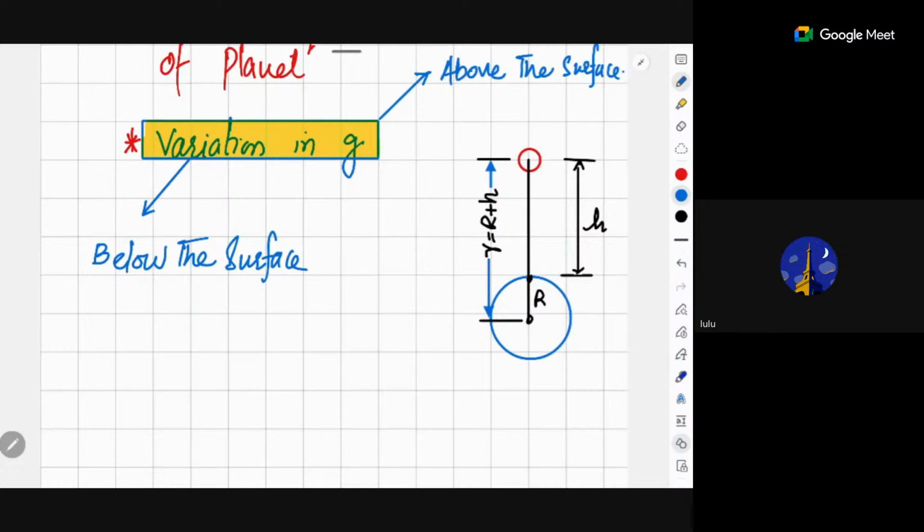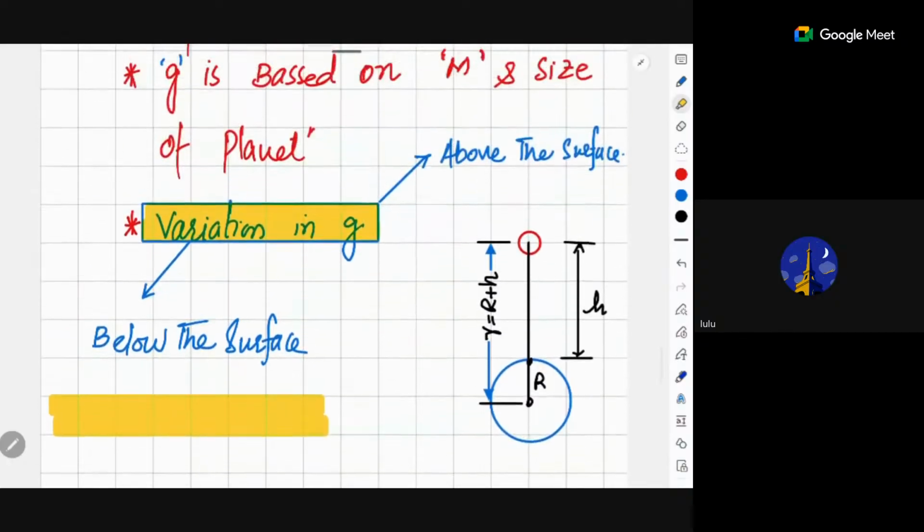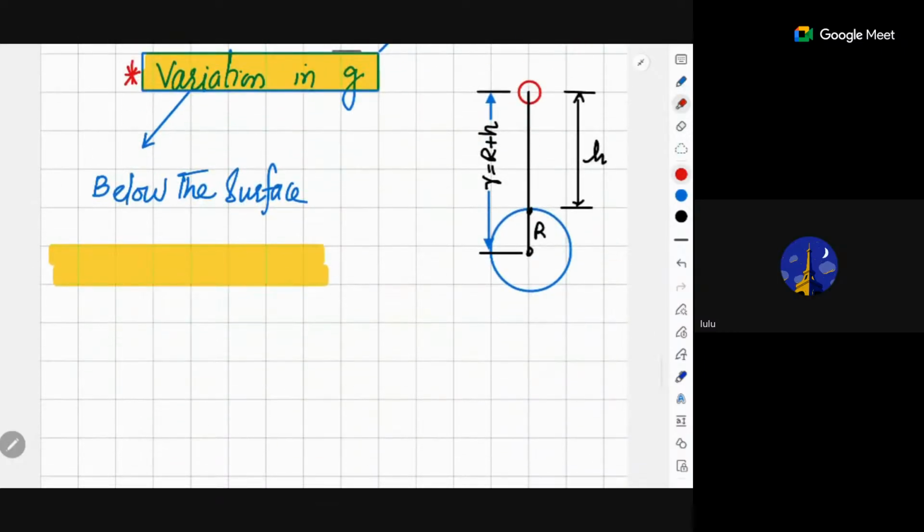Now, if I just consider the variation above the planet, this is the point I'm going to explain now.